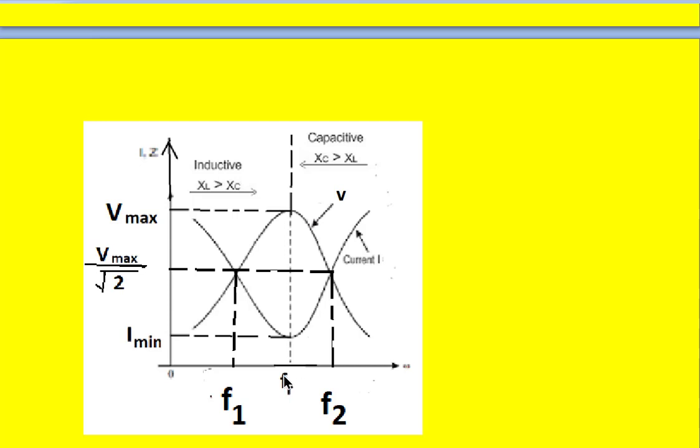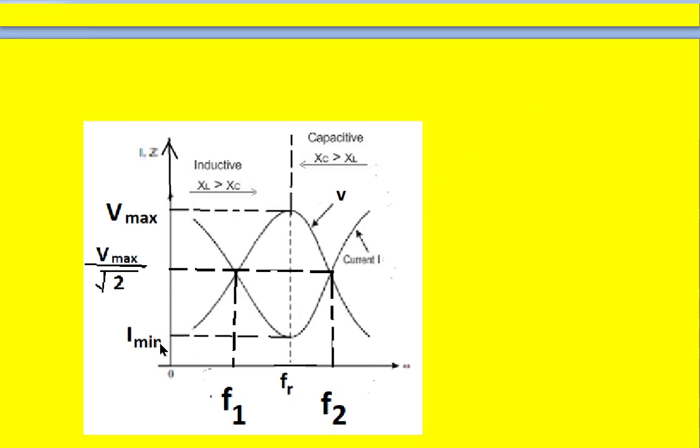The voltage across the circuit is maximum at resonance frequency, that is, when current is minimum, voltage across the circuit is maximum. It also follows the power factor condition: at resonance the current is minimum and the power factor is unity, whereas to the left of FR the power factor is lagging, and to the right of FR the power factor is leading.